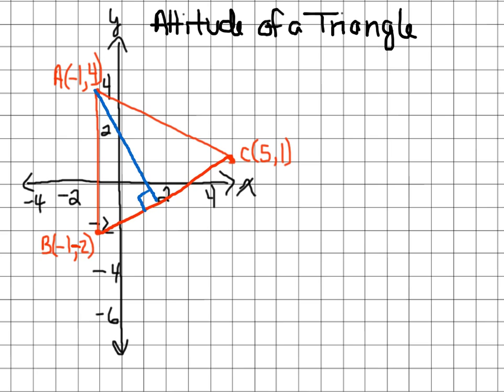So if I know this line segment here and I have 2 points, I can use that information to calculate the slope of this line segment, and then I know that if this line segment is perpendicular to it, then their slopes are negative reciprocals of one another. So I'm going to start by calculating the slope of line segment BC.